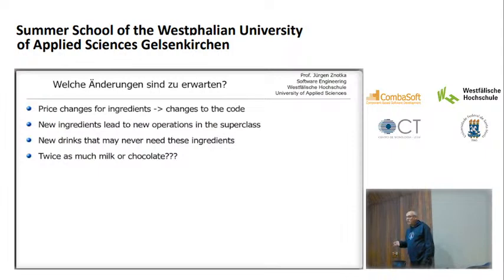Or things are changing. We have new ingredients that lead to new operations in the superclass. We have new drinks that may never need these ingredients. Or there are people who want twice as much milk or twice as much chocolate as the others. I have a colleague who likes a lot of sugar in it. So people like their drinks quite different. But you have to program that. Okay, let's look at what the solution is.